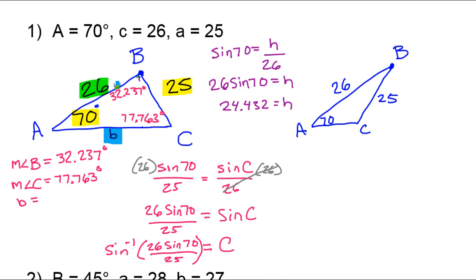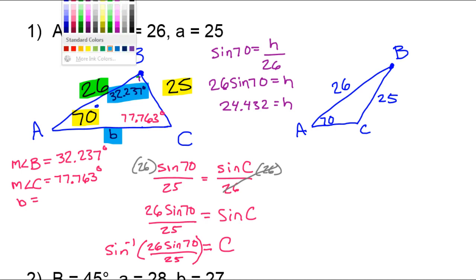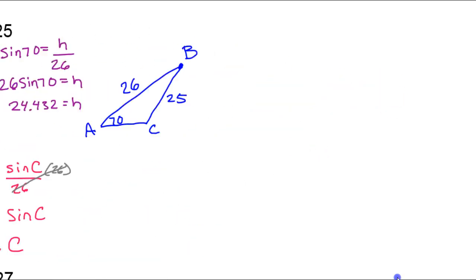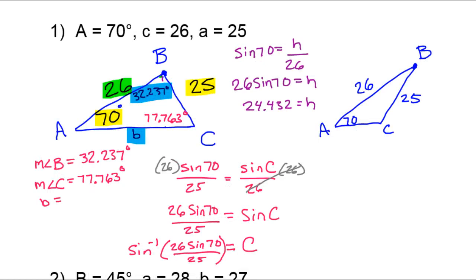Okay, so I've got side B and angle B, so I'm going to use the law of sines on those. So that would look like this. I'm trying to leave space for the other triangle, but I'm running out of space. Feel like I should spread out a little bit.